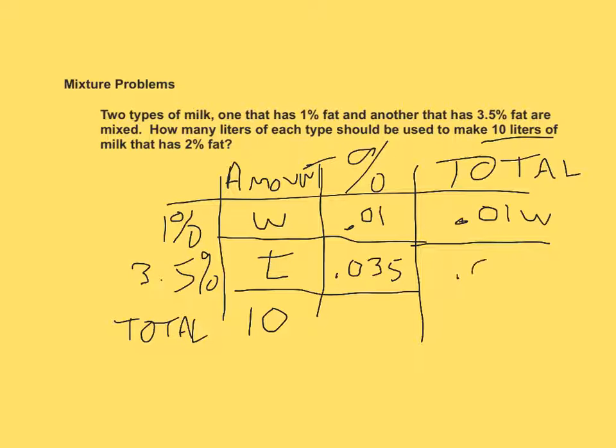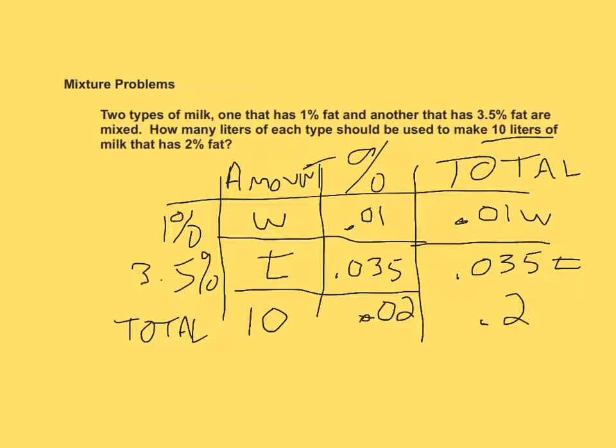This will be 0.035 T. For this column, I remember that it's going to end up being 2% milk. So the total is 10 times 0.02, which is, what is that? 0.2.